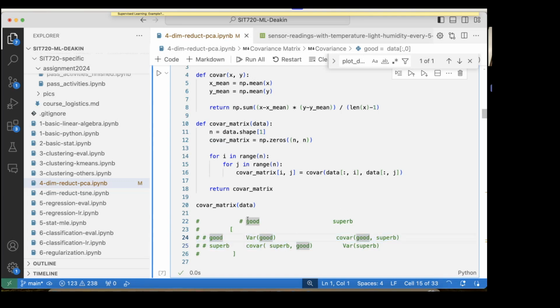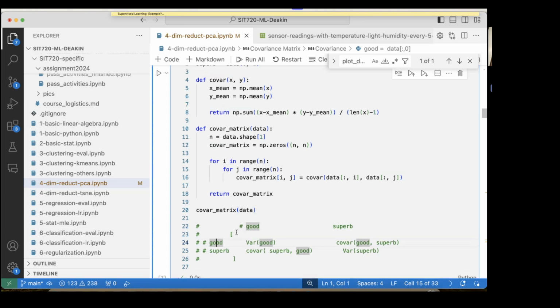The first row, first column corresponds to good. If you put x as good, y as good, you will get the variance of good, right? Then you put x as good, y as super, and you get the covariance of good and super. Then, continuing, super and good will be the covariance of super and good.